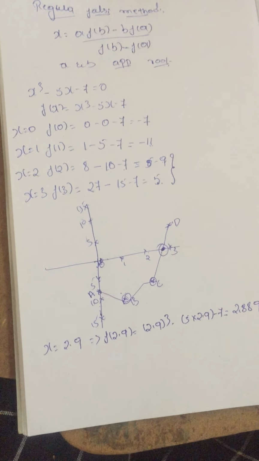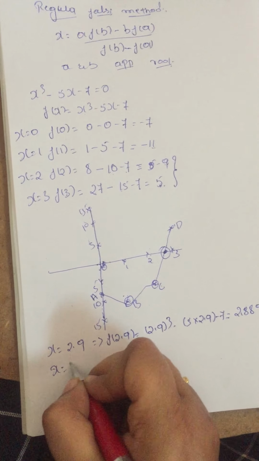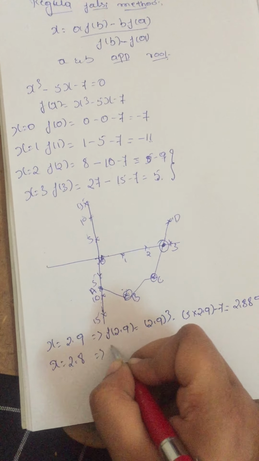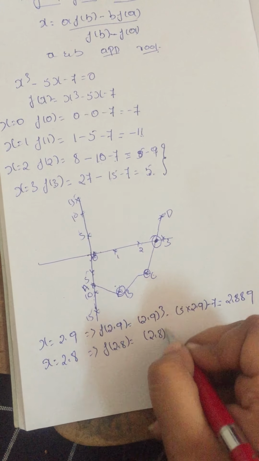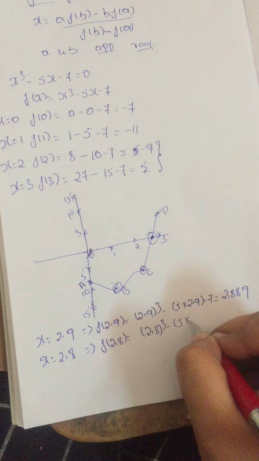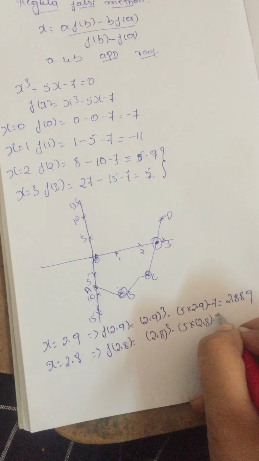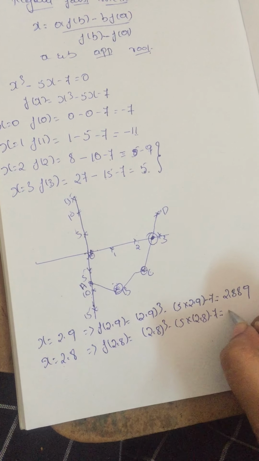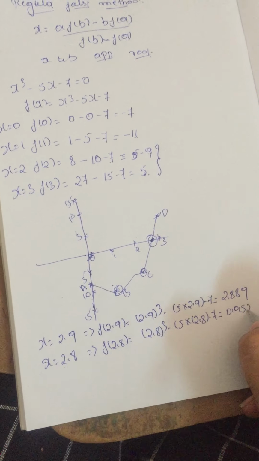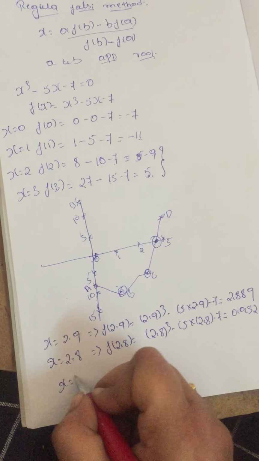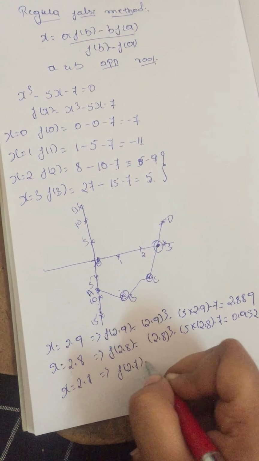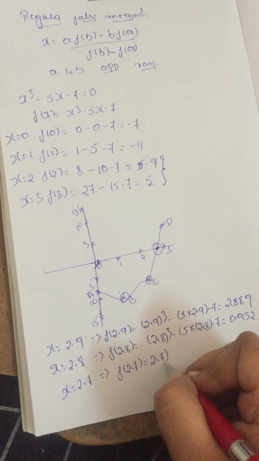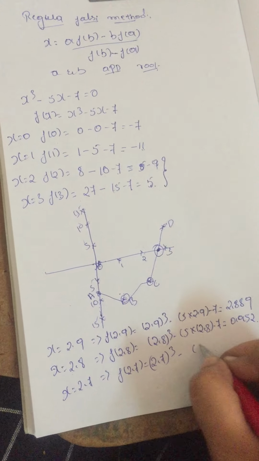Next, take x is equal to 2.8, then f of 2.8 is 2.8 whole cube minus 5 into 2.8 minus 7, which is equal to 0.952.